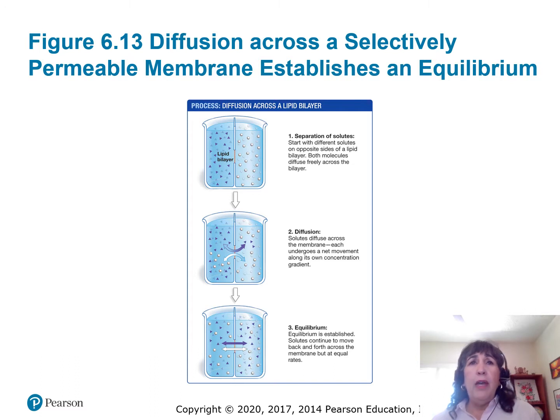Over time, if we look at these gradients going from high to low, then the triangles will diffuse from the left to the right hand side, and the white circles will move in the opposite direction. So this is diffusion. It takes no added energy, and eventually it will hit equilibrium. There's no net diffusion between both sides of the beaker.